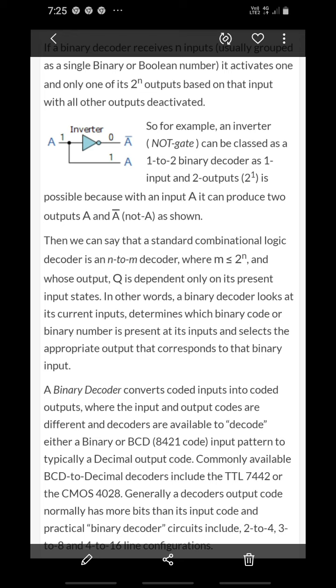Commonly available BCD to decimal decoders include the TTL 7442 or the CMOS 4028. TTL means transistor-transistor logic, CMOS means complementary metal oxide semiconductor.